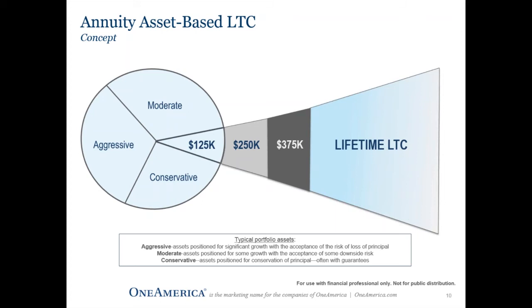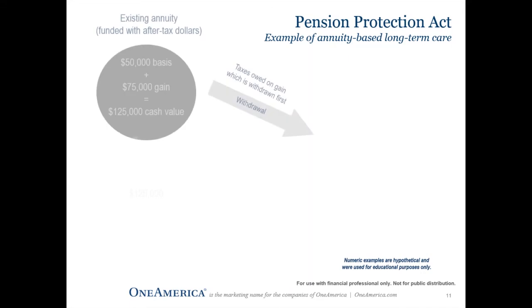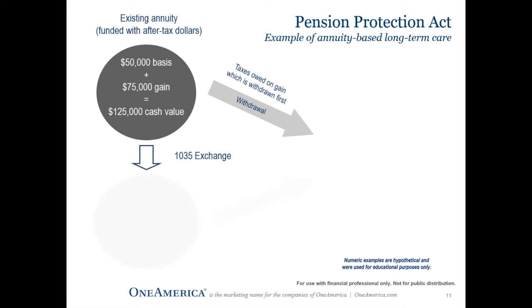Now, there is definitely an element here of tax advantage that we've got to talk about when we're talking about annuity-based long-term care. Okay, and this Pension Protection Act, which endorses every one of our annuity-based LTC concepts, is worth spending a moment on because I think it's a real game changer in terms of how tax efficient this concept really is. So let's take an example. Upper left-hand corner of this slide, we've got an existing annuity contract that's got $125,000 in value.